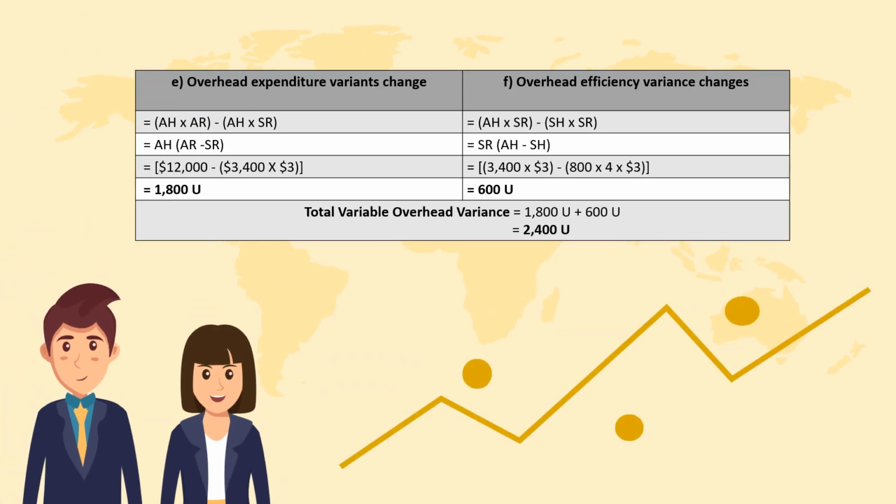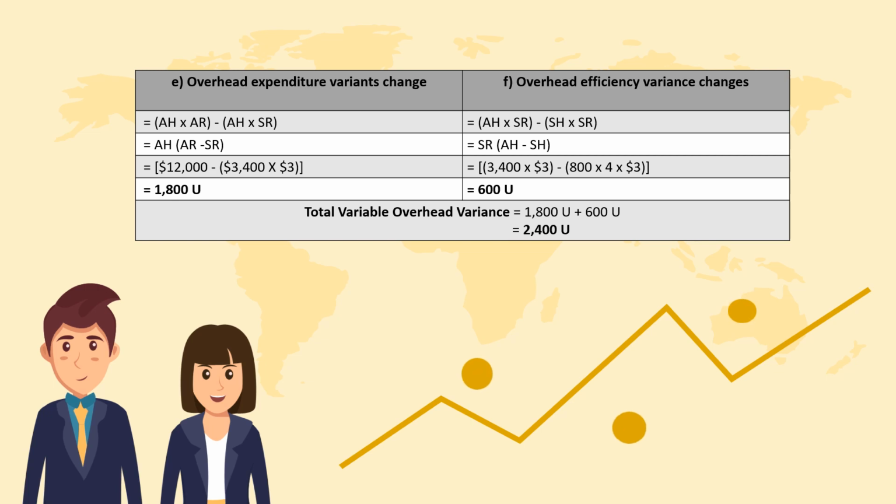To find the overhead expenditure variance, firstly, we need to find the actual hour and then we multiply by the actual rate minus standard rate. So, the actual hour is 12,000, the actual rate is 3,400 and we multiply by 3, which is the standard rate. So we will get 1,800 and it is unfavorable.